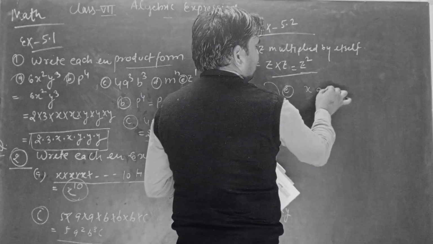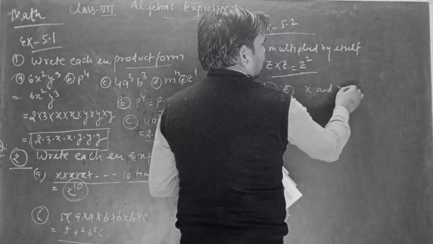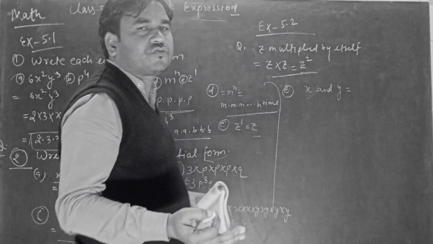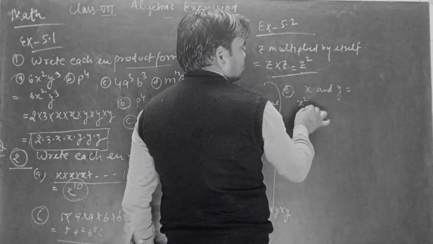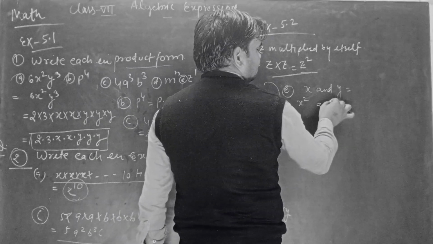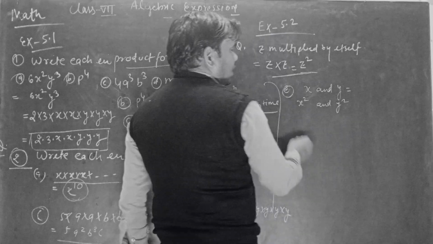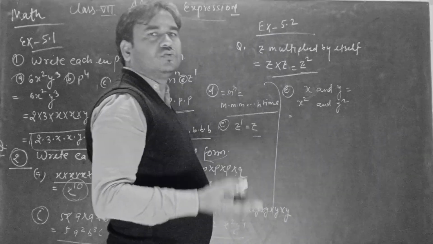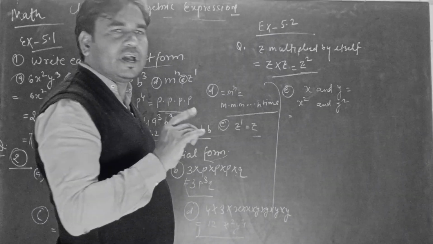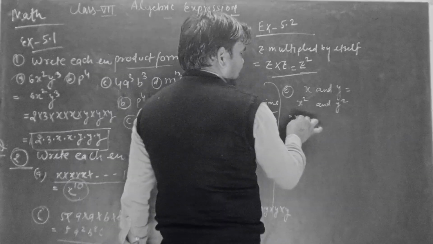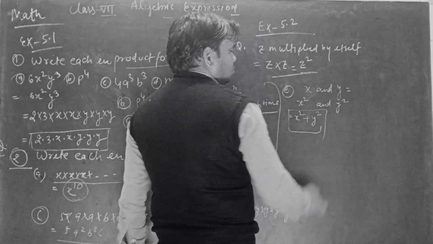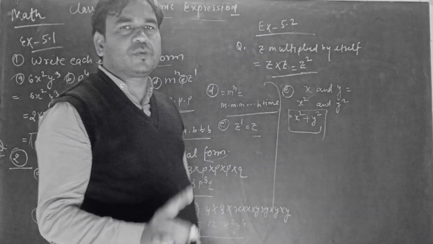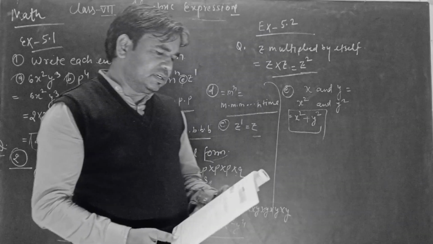First you have to make the square of both numbers, so that is x square and y square. After that, according to the question, you have to add. So x square plus y square is the algebraic expression of the E part.